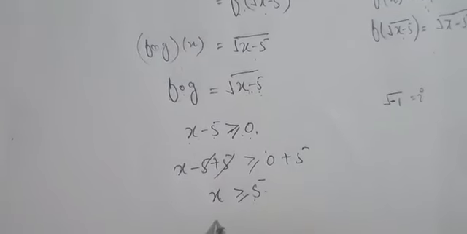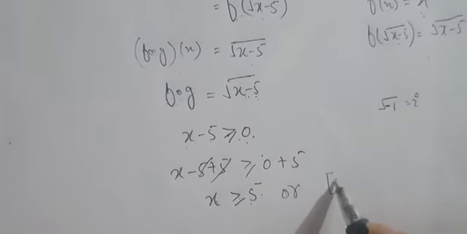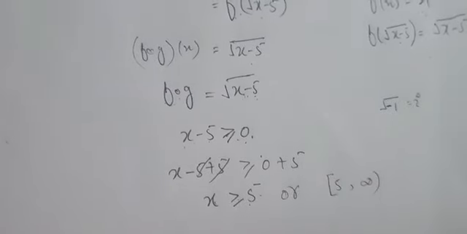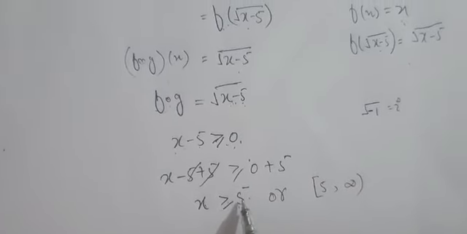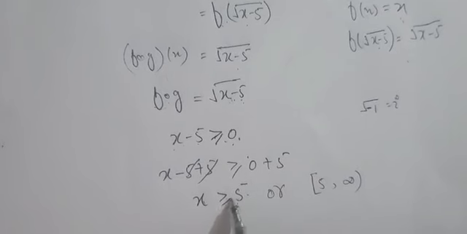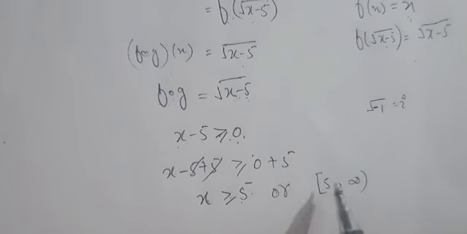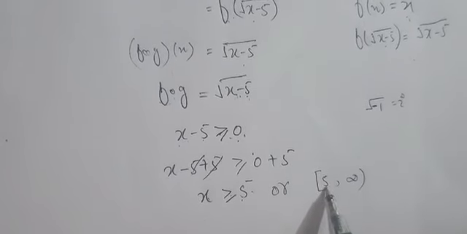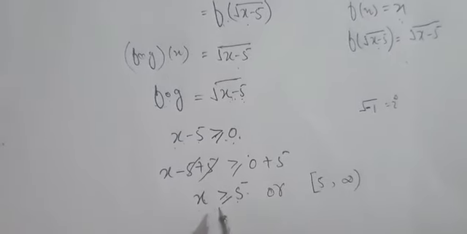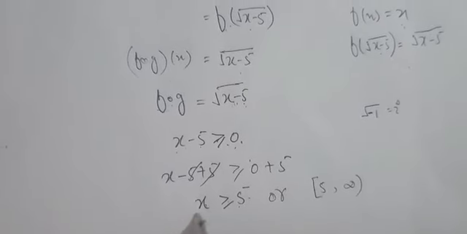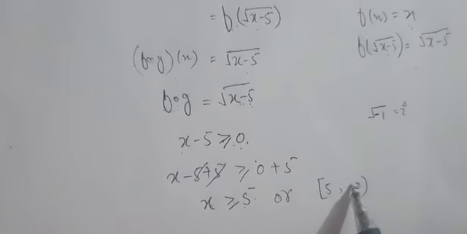In interval form you can write it as 5 to infinity. As we know, the lower bound is 5 and it is greater than or equal here, so that's why we will use the closed bracket. 5 itself is included in this interval, and x could be any number greater than this one, so that could be till infinity.